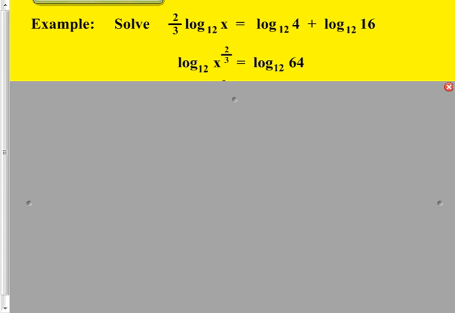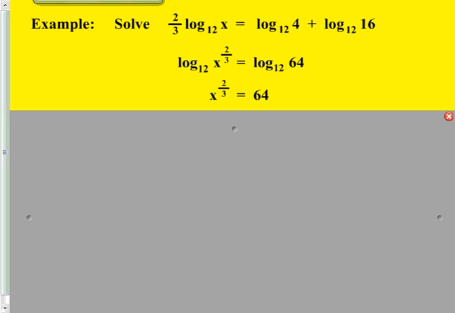Now that the equation is balanced, we have log base 12 equals log base 12, so we can remove the log base 12s, and that would give us x to the 2/3 on the left and 64 on the right. So the final thing to do is that we have x to the 2/3 power.